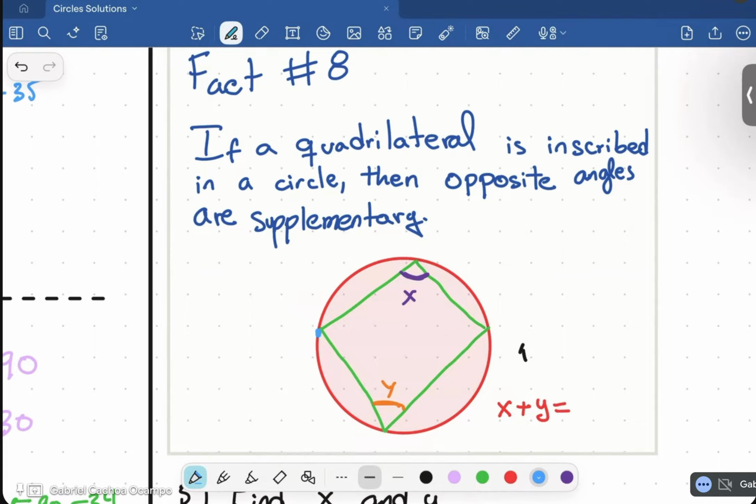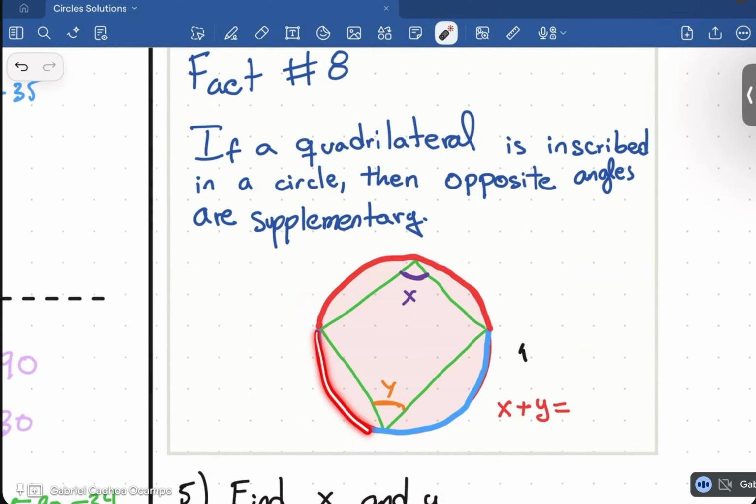X is covering this arc and Y is covering this arc. Both of them add up to 360. This arc plus this arc add up to 360. So this angle plus this angle, they are going to add up to 180.